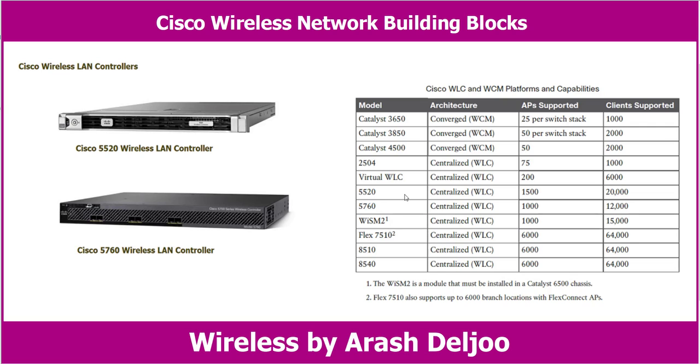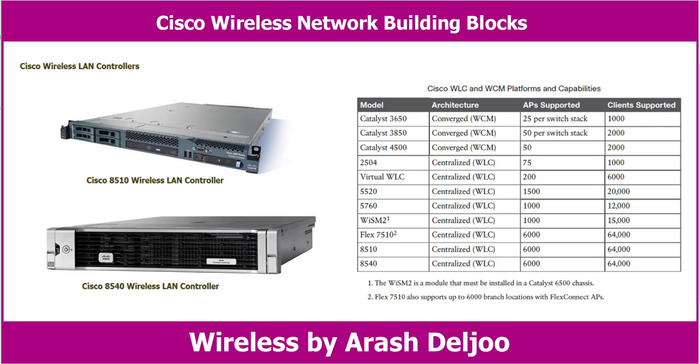About the 5520, it can be used in centralized mode or topology, and it can support up to 1,500 APs and 20,000 clients. About the 5760 appliance, it can be used in the centralized mode, and it can support up to 1,000 APs and 12,000 clients.